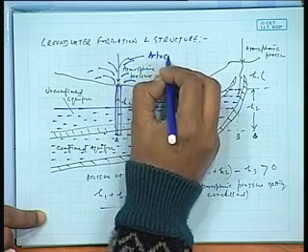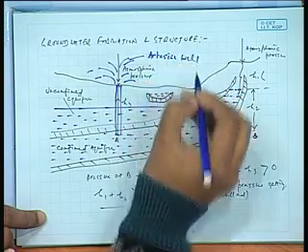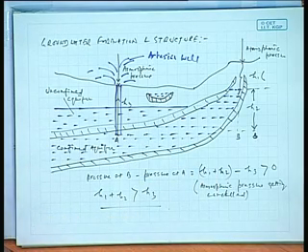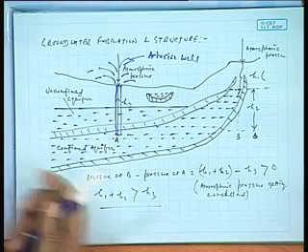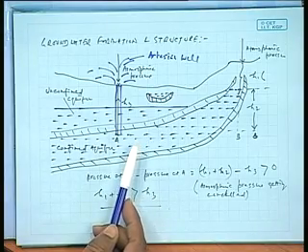So, in all pilgrimage sites, wherever you have found that the water coming out from the groundwater, it is basically an artesian well. And you will also observe in many places that this condition changes seasonally.